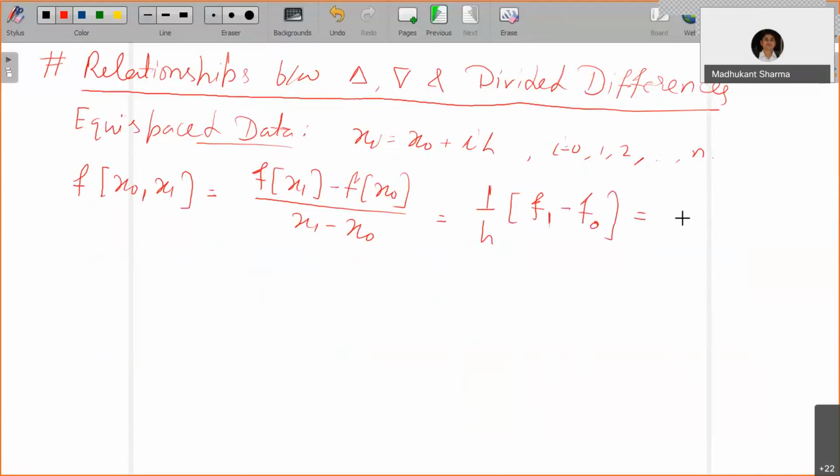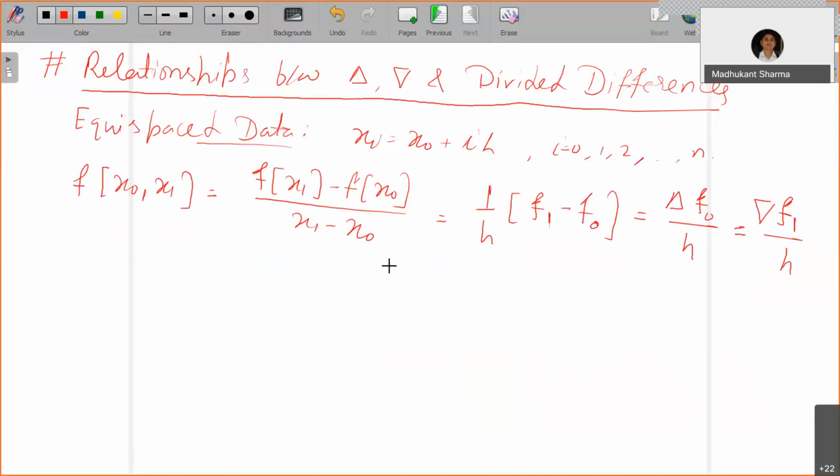That is equal to the forward difference of f0 divided by h. If I wish to write in the backward difference, that is equal to the backward difference at f1 by h. So this is the first divided difference related with the first forward and backward differences.